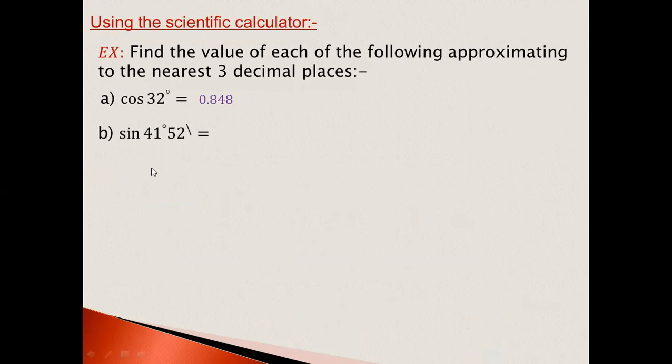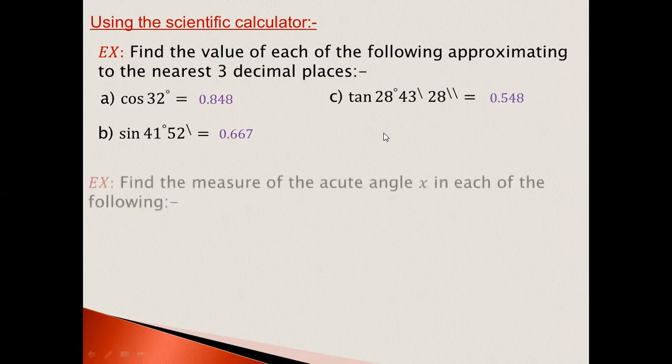Also, we can press sine in the calculator and write 41 degrees and 52 minutes and press equal, and the result is going to be 0.667. Letter C, tan. We can press tan in the calculator and write 28 degrees 43 minutes and 28 seconds and press equal, and then the result is going to be 0.548.